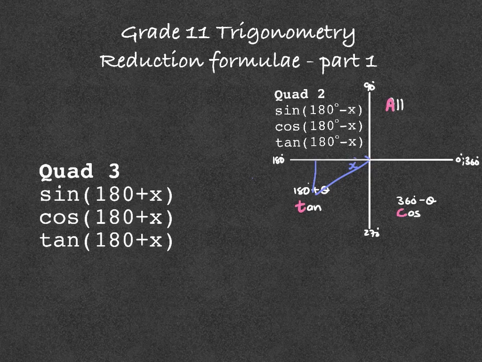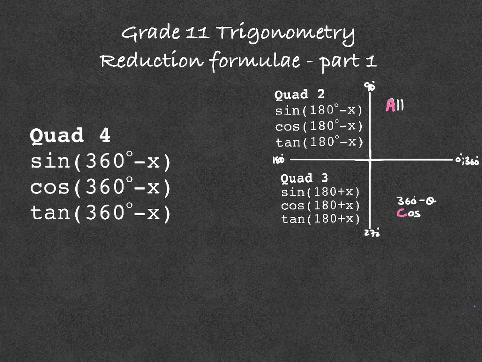That would mean the ratio of sine in the third quadrant will be negative: sine of 180 plus x is equal to minus sine x. And cos of 180 plus x, cos's ratio is also negative. Tan's ratio, you're going to get a positive tan there. So tan of 180 plus x is equal to tan x. Okay, so that's located in the third quadrant.